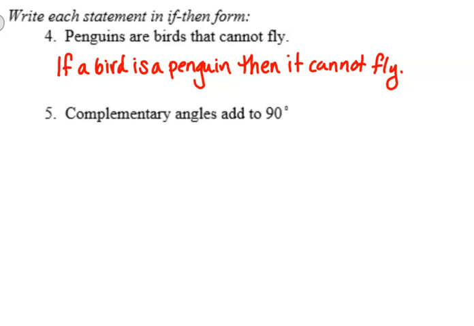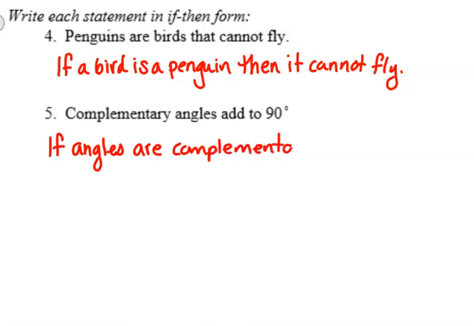So likewise in number 5, complementary angles add to 90. I want to keep complementary angles as my hypothesis. I want to keep adding to 90 as the conclusion part. So I could say if angles are complementary, then they add to 90 degrees.